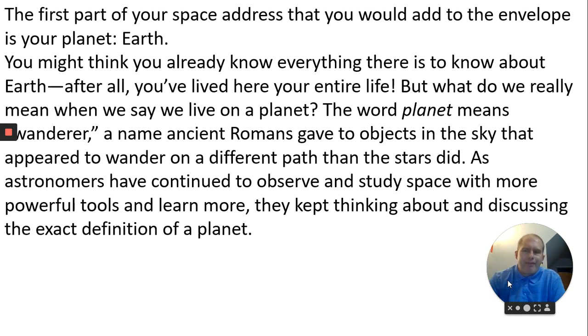The word planet means wanderer, a name ancient Romans gave to objects in the sky that appeared to wander on a different path than the stars did. As astronomers have continued to observe and study space with more powerful tools and learn more, they keep thinking about and discussing the exact definition of a planet.